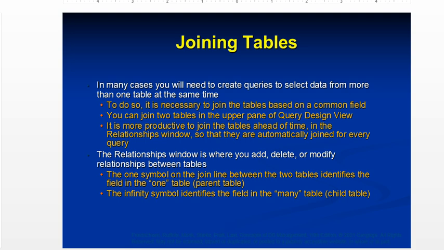Joining tables: in many cases you'll need to create queries to select data from more than one table. So for example, if I need to show my salespeople what they've sold with their clients, I don't have to run everything from the salespeople table, meaning their address, social security, employee ID, and so on, and give it to management.